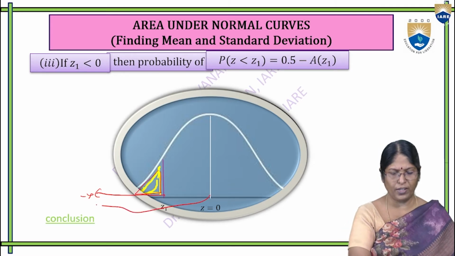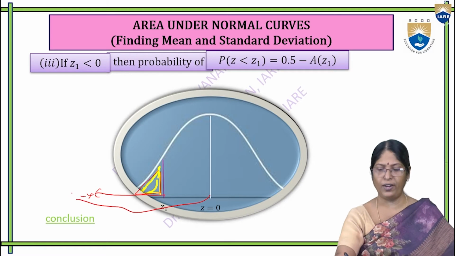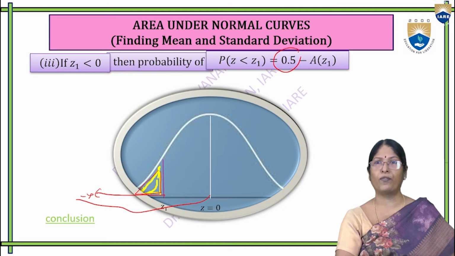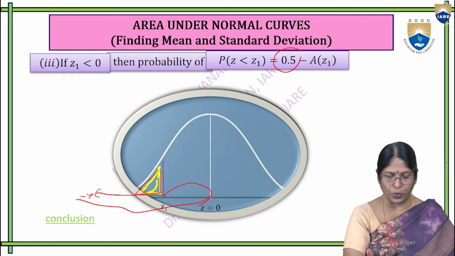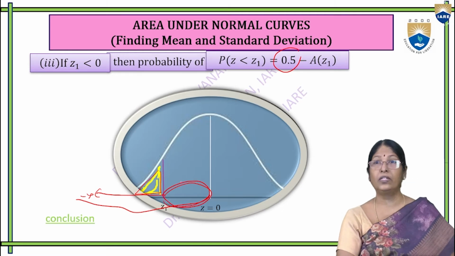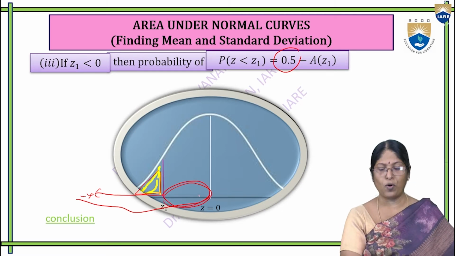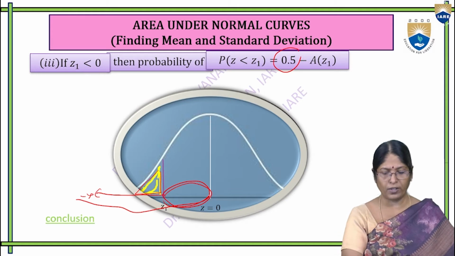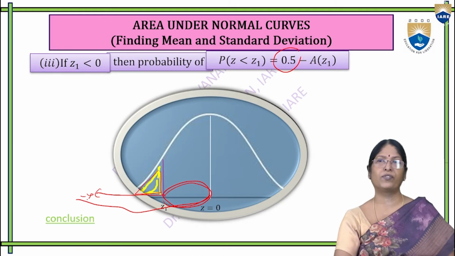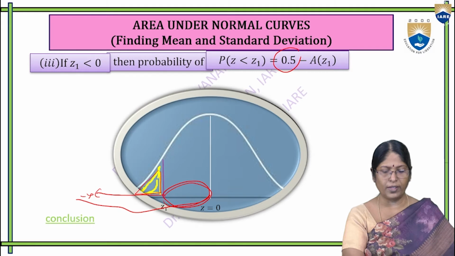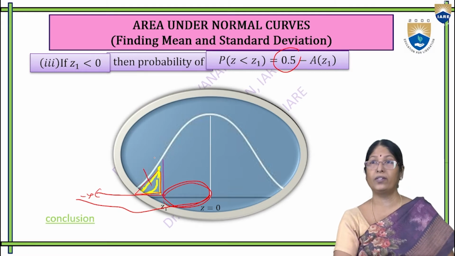First, we calculate 0 to minus infinity, that area is 0.5, and we subtract the area of Z1. If we subtract this area from the half section, then we get the shaded one. That is the idea behind this.